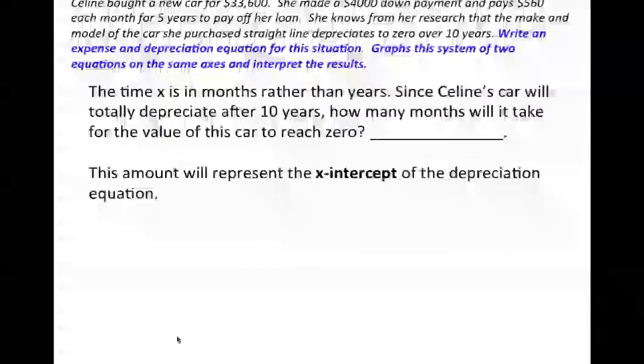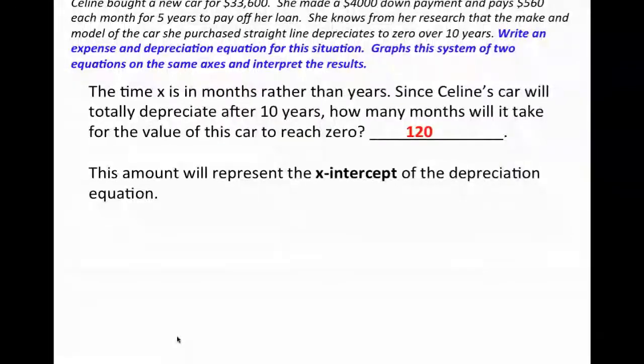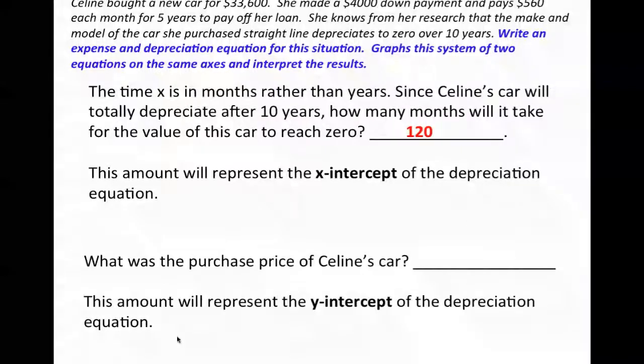Well, that's not so hard. It's 120. So from now on, we're going to forget about the 10 years, and we're only going to look at 120, because both equations have to be in the same units. That's going to represent the x-intercept of the depreciation equation. In other words, when 120 months have passed, your car's worth nothing.